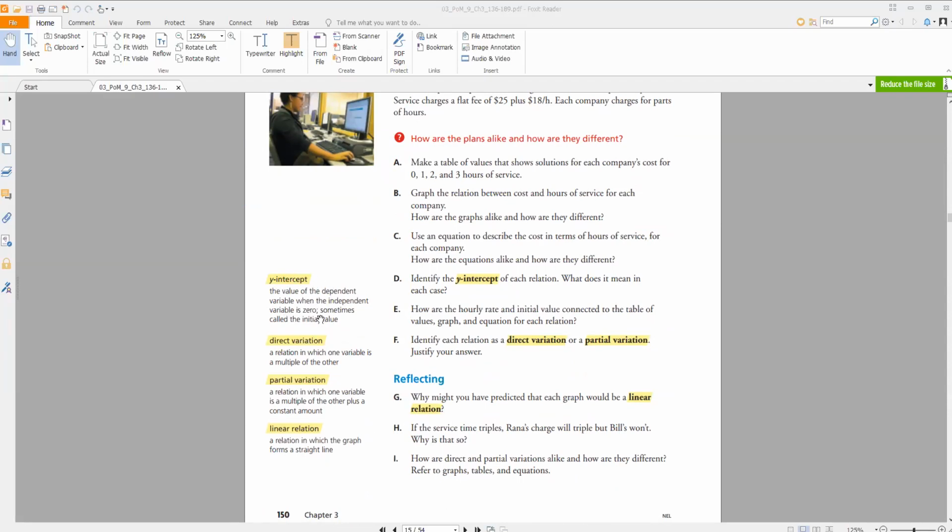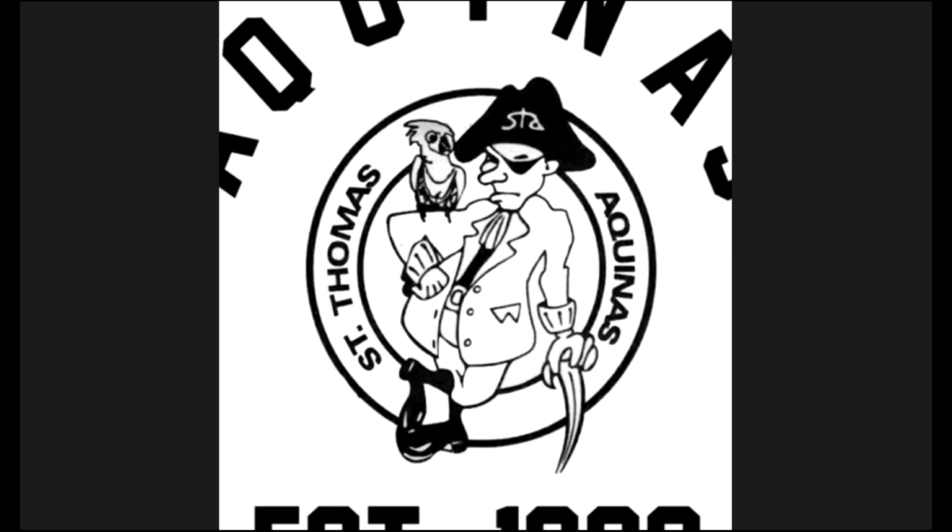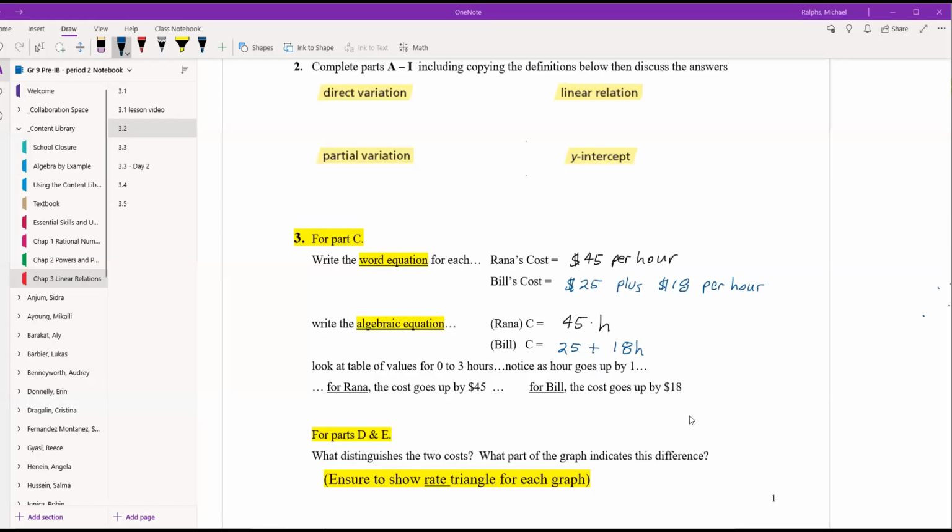So that's one thing we mentioned. Now, one thing that I haven't talked about yet is direct variation. And the direct variation is a relation in which one variable is a multiple of the other. Okay? And if it's a perfect multiple of the other, then when we take a look at this, we see that the repair cost that Rana would use to calculate the charges would be 45 multiplied by h.